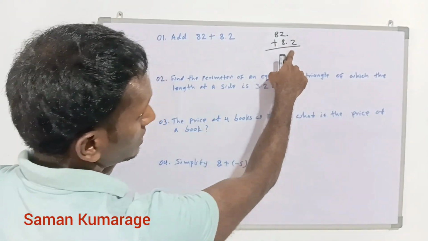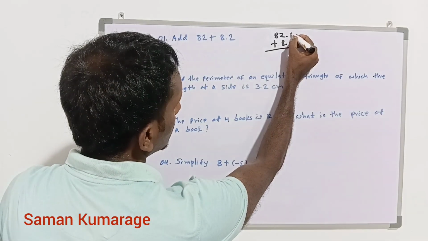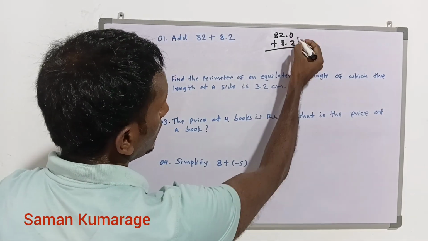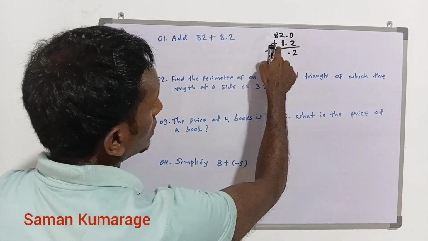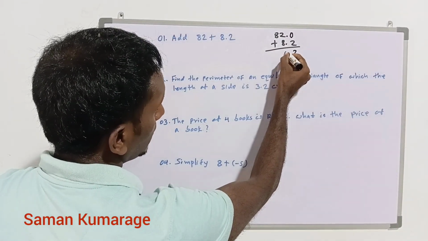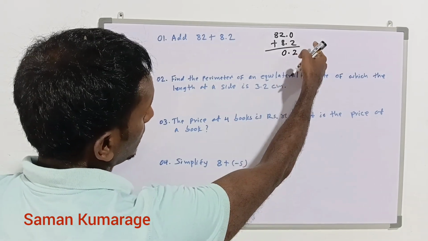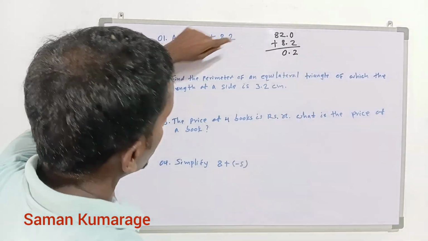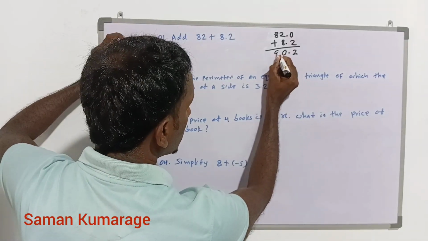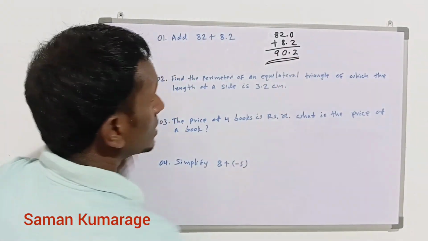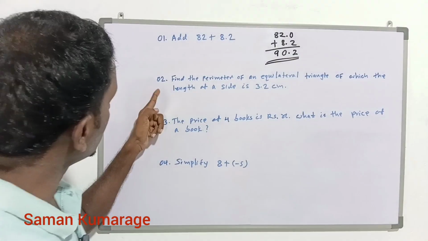So there is one decimal value in the decimal number, so we can add 1 zero here, and then we can add here 2. 8 and 2 is 10, we write 0 here. 1 is carried over, and 8 and that 1 is 9. The answer is 90.2.